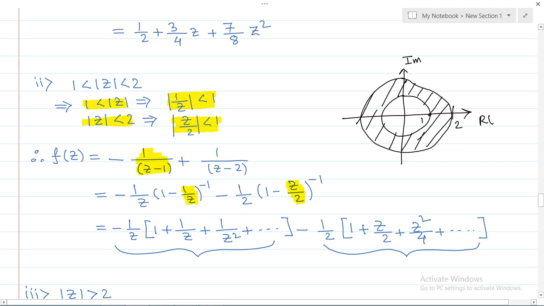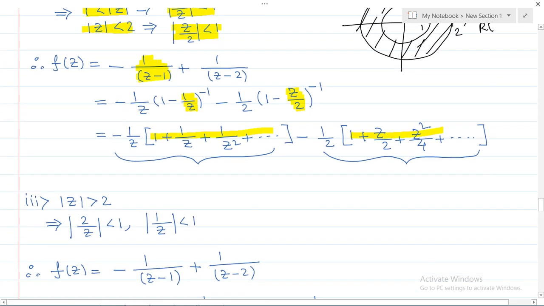1 minus 1 by z whole inverse, we are applying the same geometric progression series formula. 1 minus z by 2 whole inverse, this one. So here we have something interesting. It is actually coming as the Laurent series structure. How? Basically, if you look here, all the z are coming in the denominator, so it is the negative power of z.